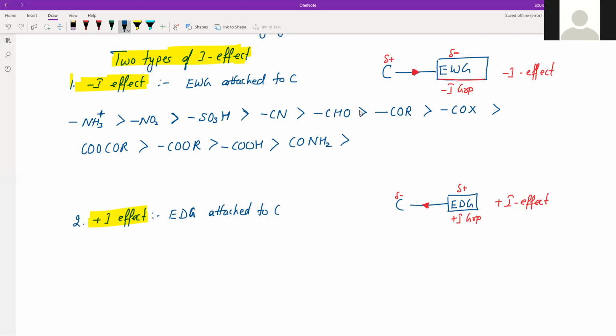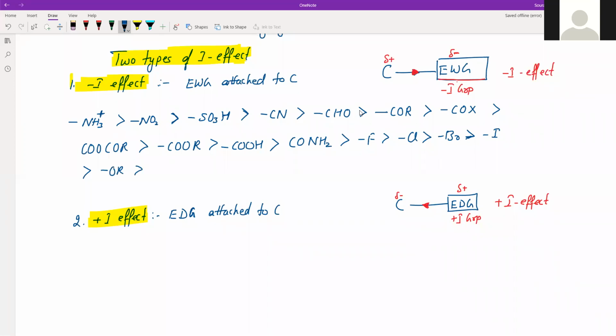Then are halogens, that is fluorine, chlorine, bromine, and iodine. Then we have OR.